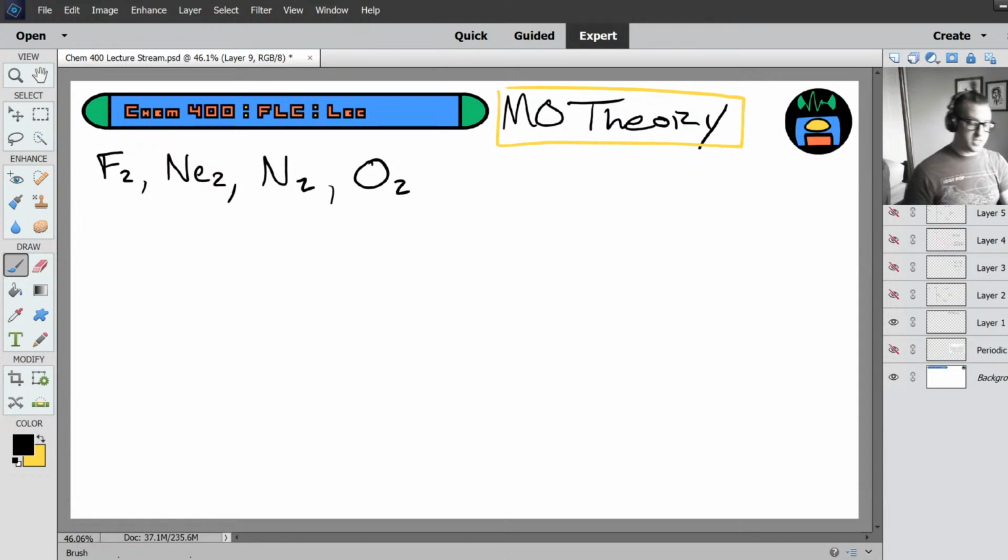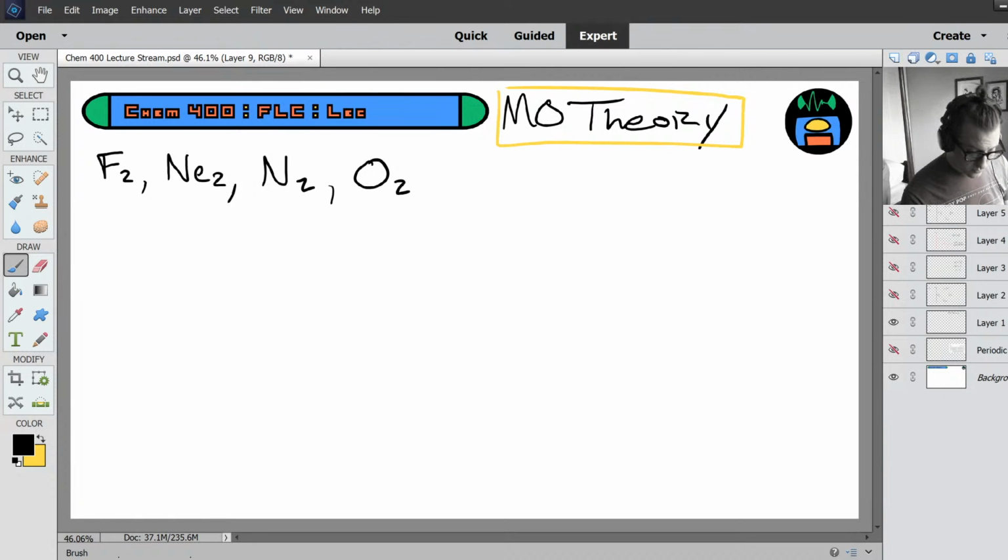These are the molecules that you will be tested on. This stuff, MO theory, will not be on the 4th exam. It'll be on the final, just for the record.